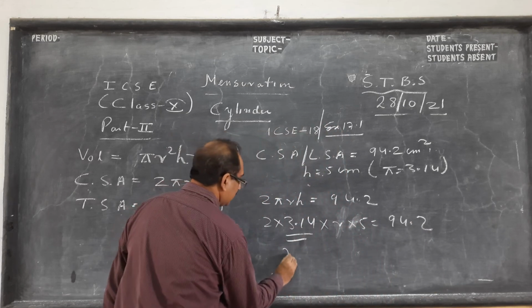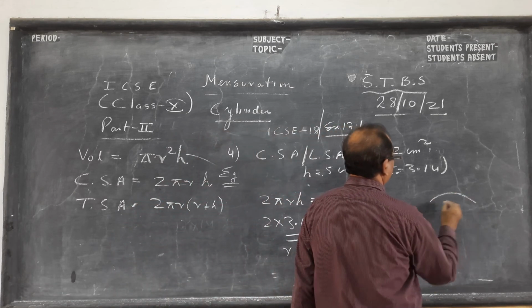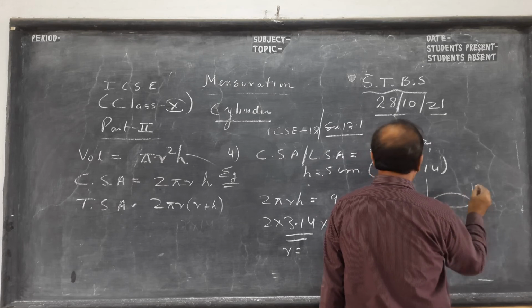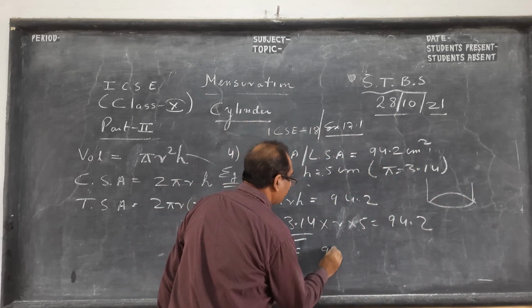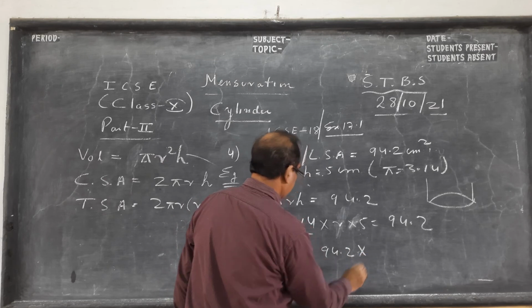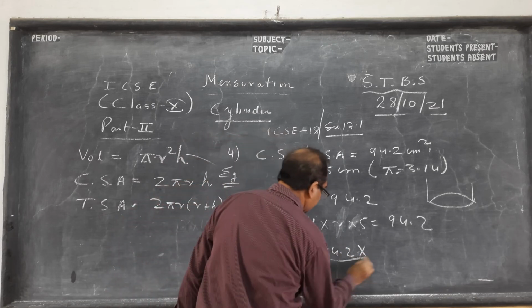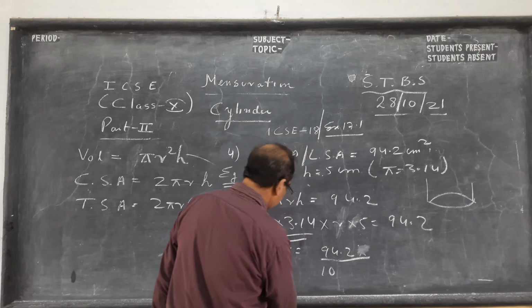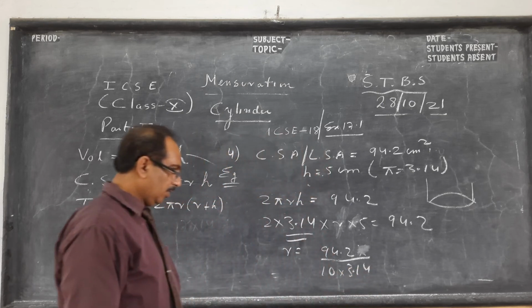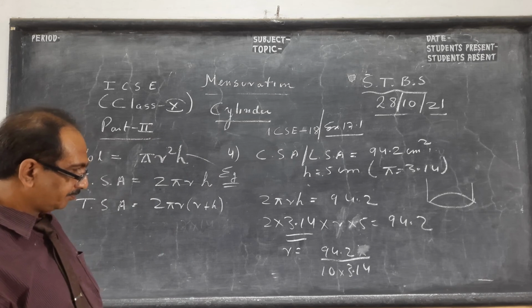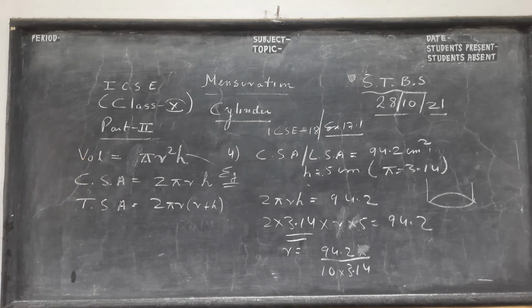So here you will see radius of the base, we have to find. Okay. So r will be 94.2 divided by 2 into 3.14 into 5. This 2 into 5 is 10, which goes down, and 3.14. If you cancel, you can cancel very easily, and you will get 3 centimeter.